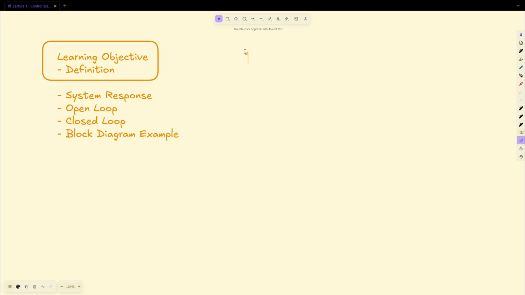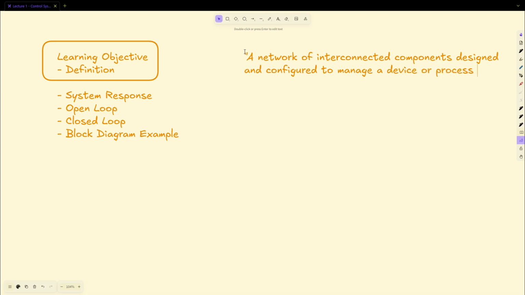There are many definitions online, but one I found interesting was that it's a network of interconnected components designed and configured to manage a device or process so it behaves in a specific and predetermined way, which we can also call the output.